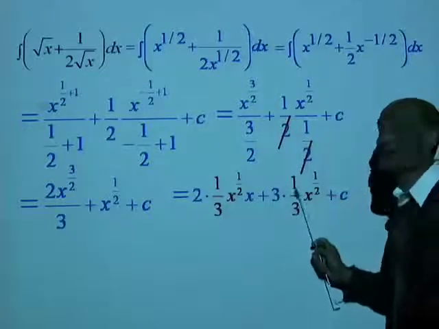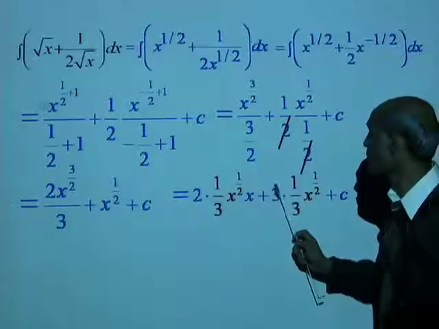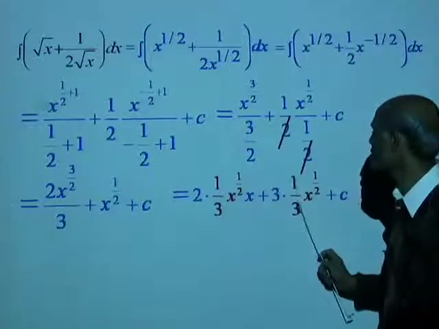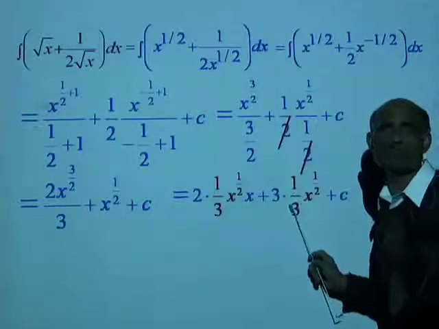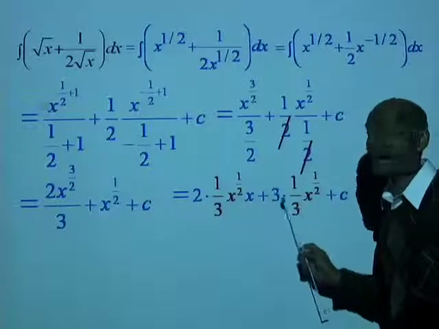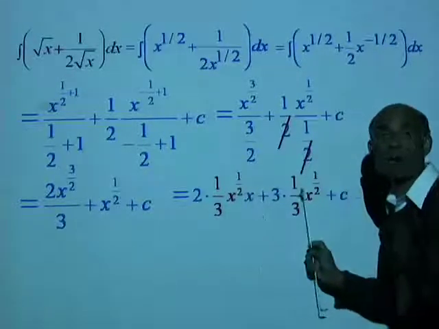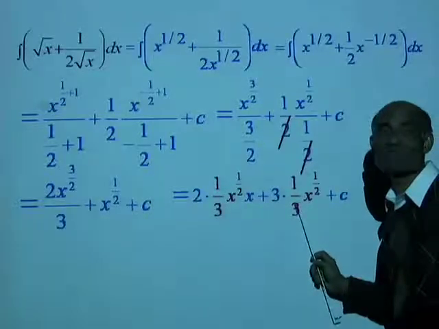now look at the way I manipulate the second term. I wrote the second term also as 3 times 1/3. Why did I do that? 3 times 1/3 is 1. Actually, I did a manipulation here so that I create a 1/3 common in both these terms. That's the reason why I did that.